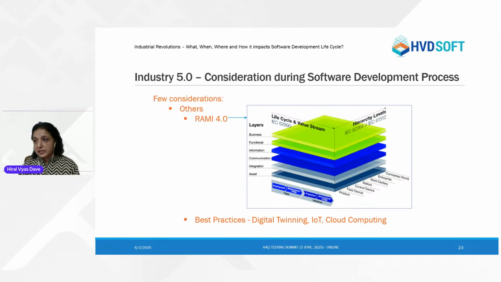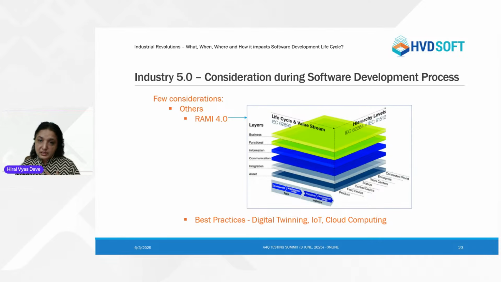And at the end, of course, there are some best practices for digital twinning, IoT, and cloud computing. On and on, we are trying to achieve a balance between environment, society, economic considerations, and technology, without compromising on the standards or the kind of software we want to develop.